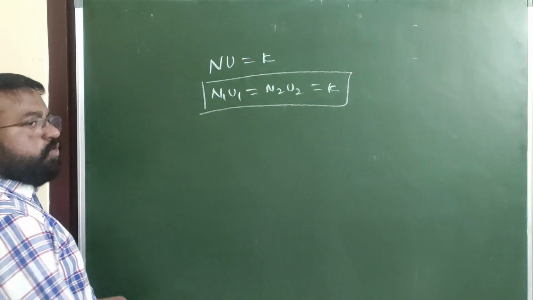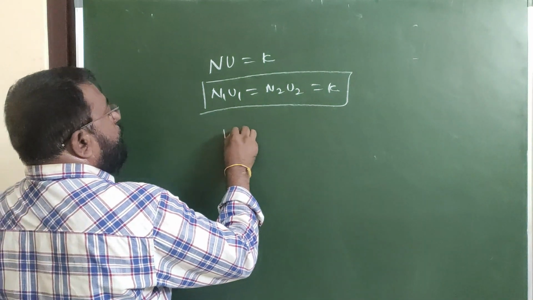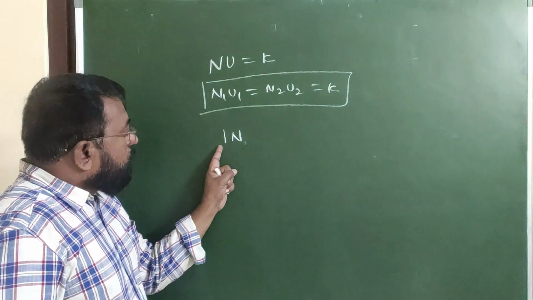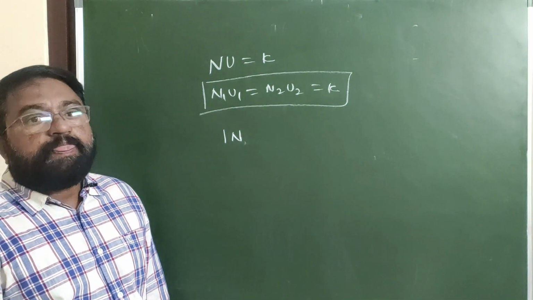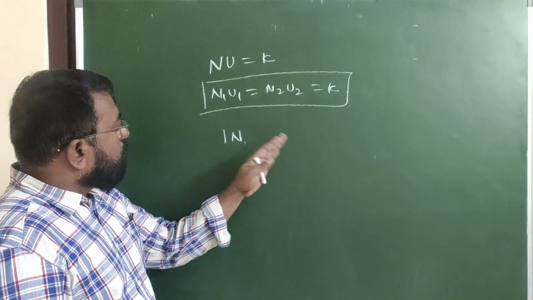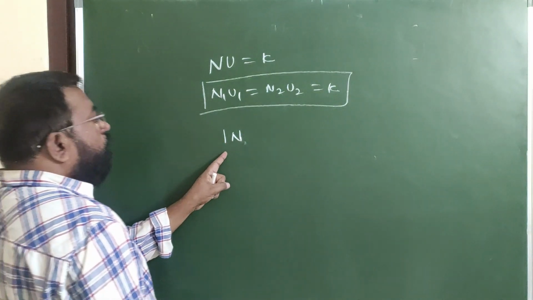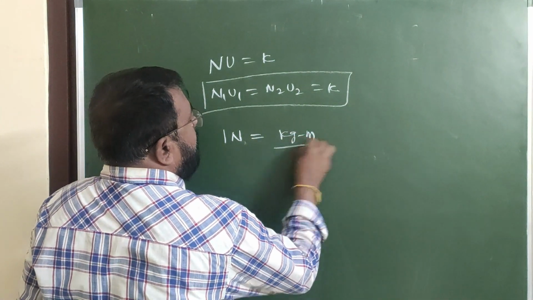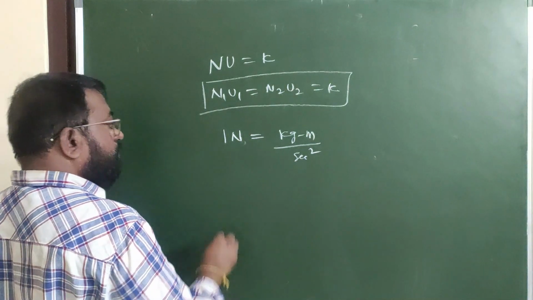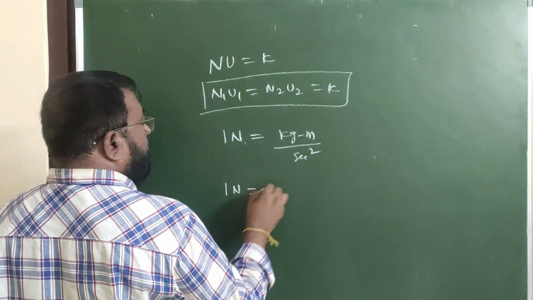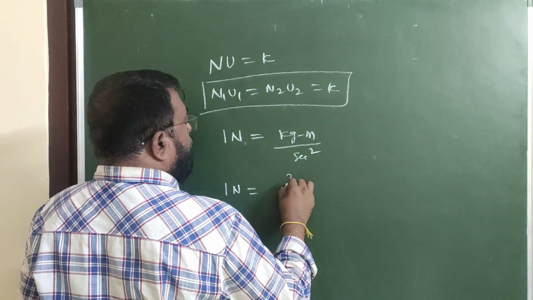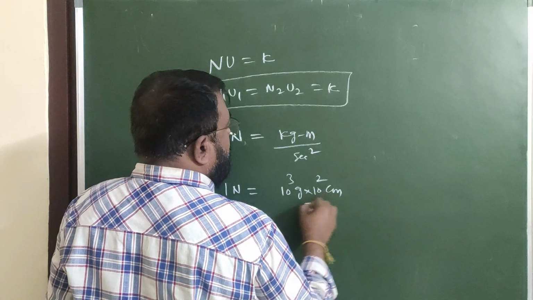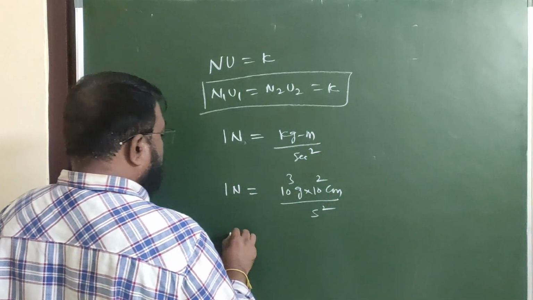For example, force is given. Its unit is 1 Newton. This 1 Newton in the SI system, we have to convert into the CGS system. 1 Newton is nothing but kg meter per second square. Therefore, 1 Newton is equal to 1 kg, meaning 10 cube grams, and 1 meter is equal to 10 square centimeters, and this is per second square.